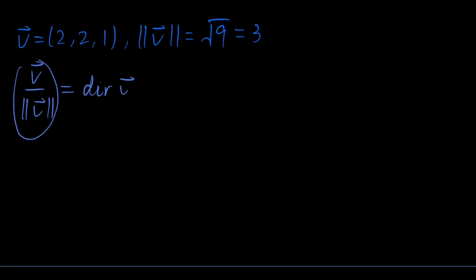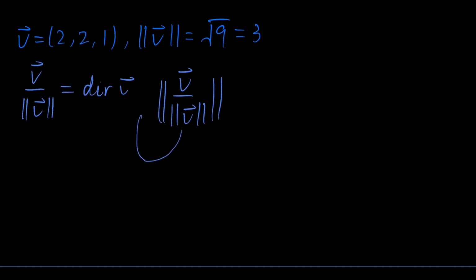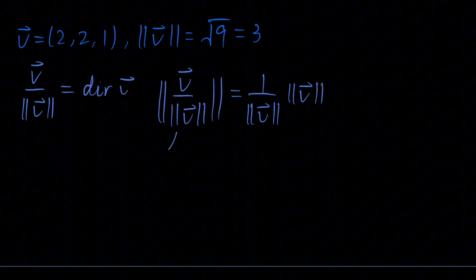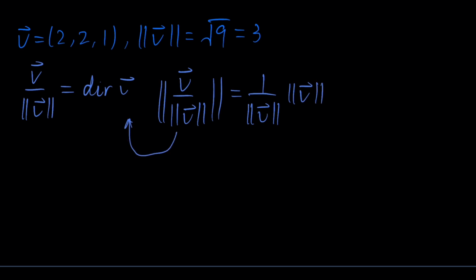So why is this the case? Now, simply notice that when we compute the length of this vector, we can pull this out to the other side because this is a scalar. And so this is equal to 1 over the length of v times the length of v. Notice that we pulled this length term out.